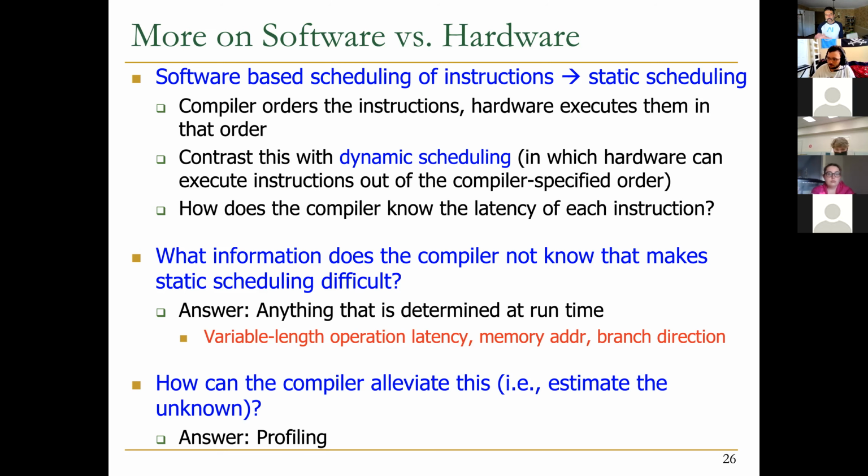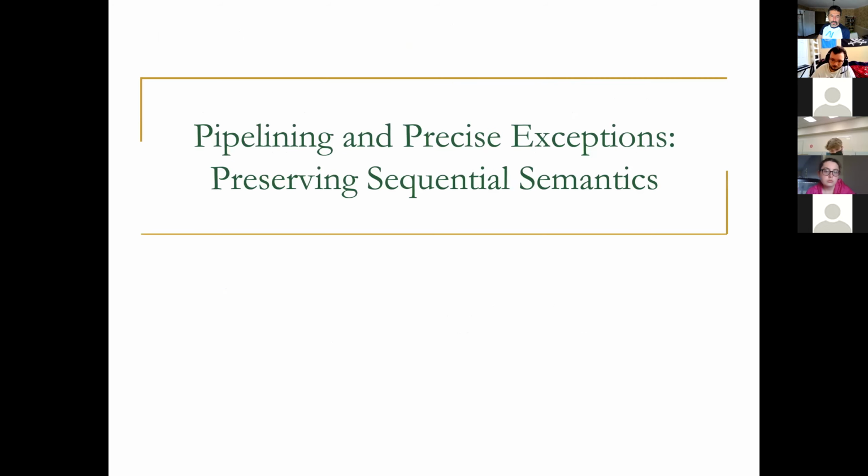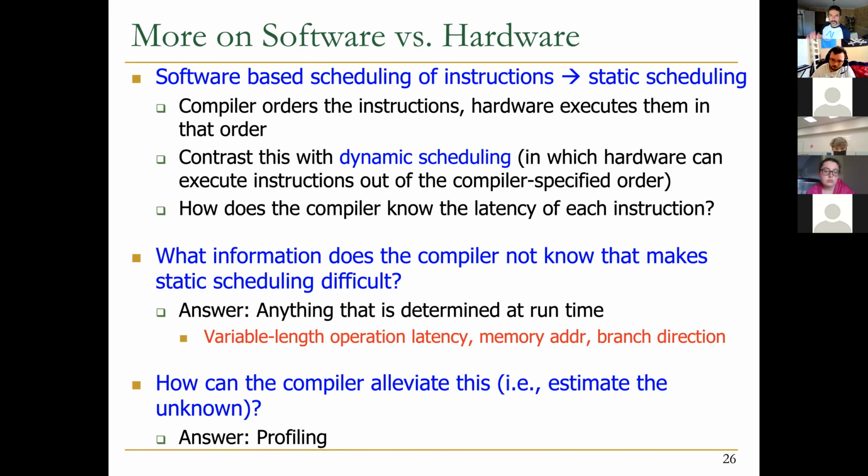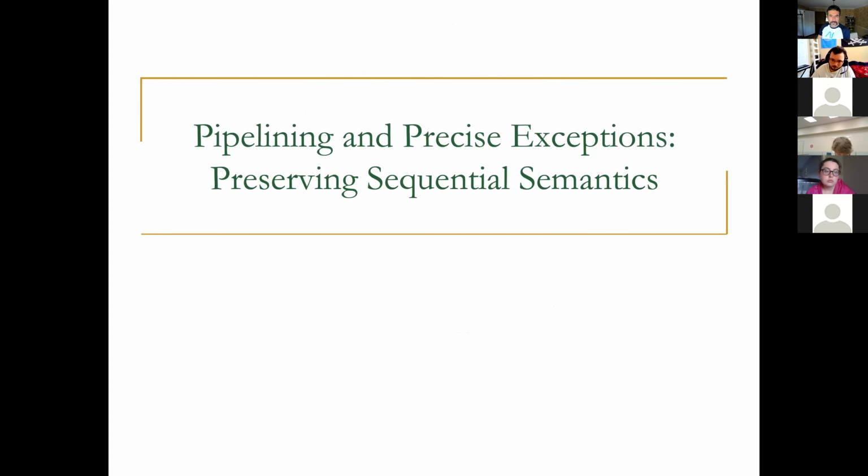Profiling means that you execute a program on multiple different workloads, and you construct some statistical model or some non-statistical model to give you an idea of how long each instruction would take, and some other extra information that would help for doing the scheduling. So this is important.